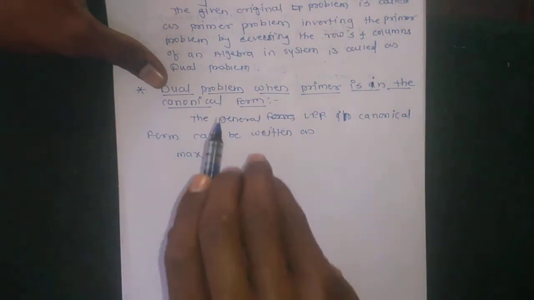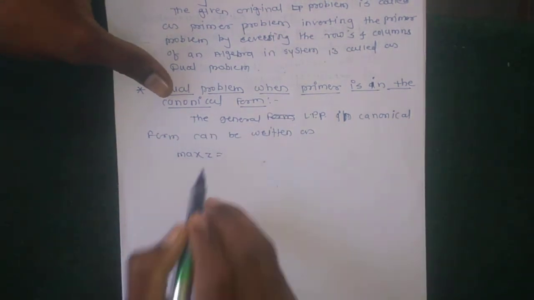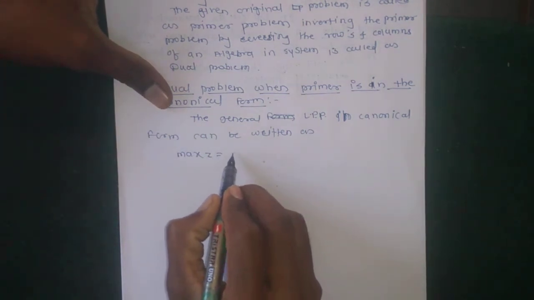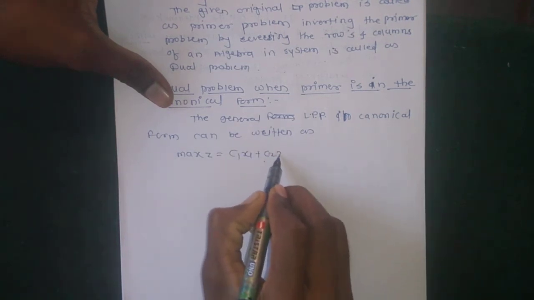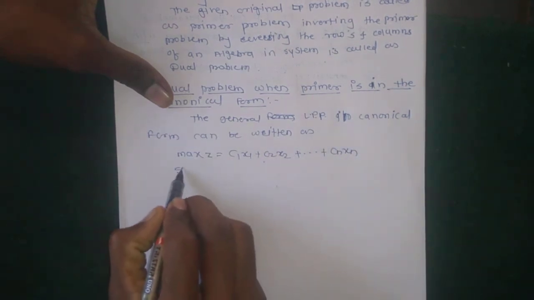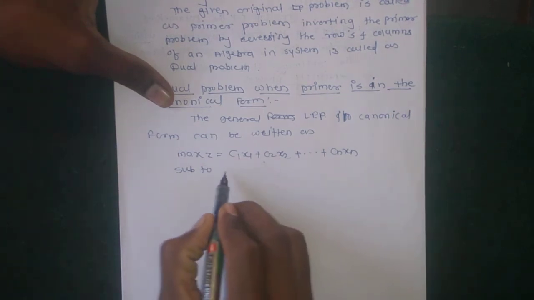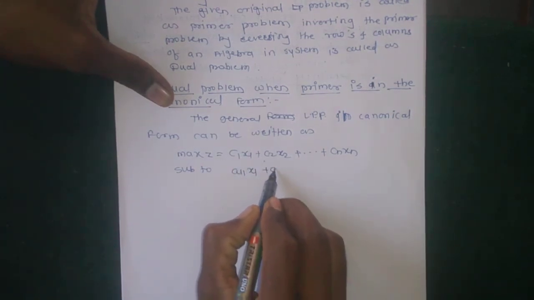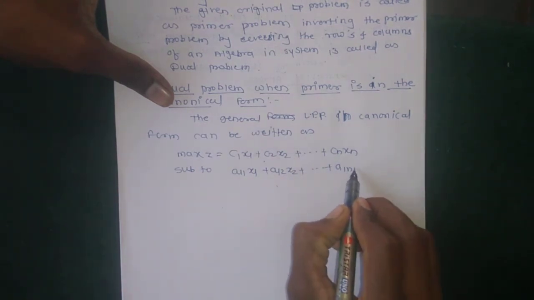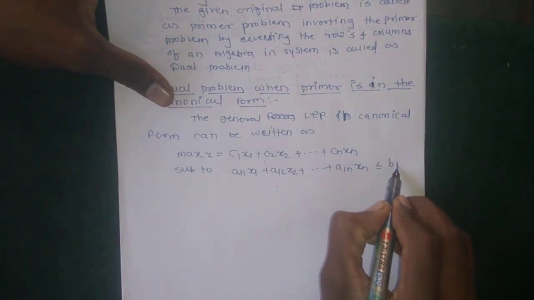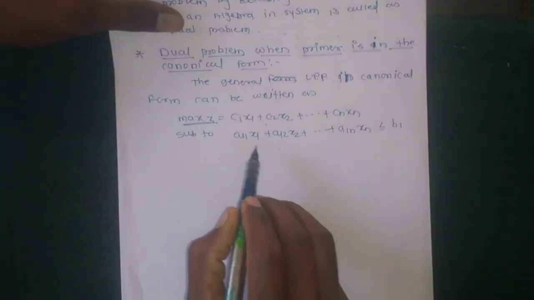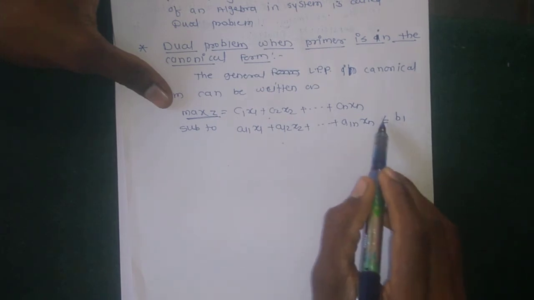So here consider maximize Z, where the objective function is of maximize type: c1 x1 plus c2 x2 plus so on up to cn xn, subject to the constraints a11 x1 plus a12 x2 plus so on a1n xn less than or equal to b1. When the objective function is maximized, the constraints must be less than or equal type.